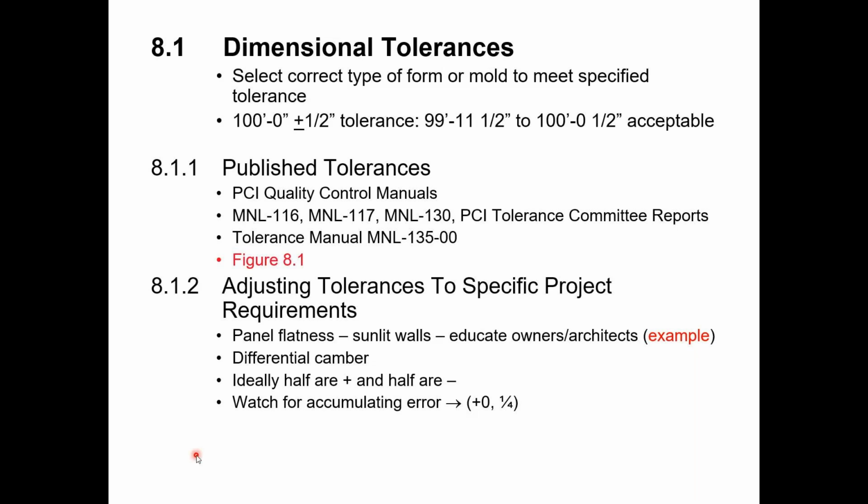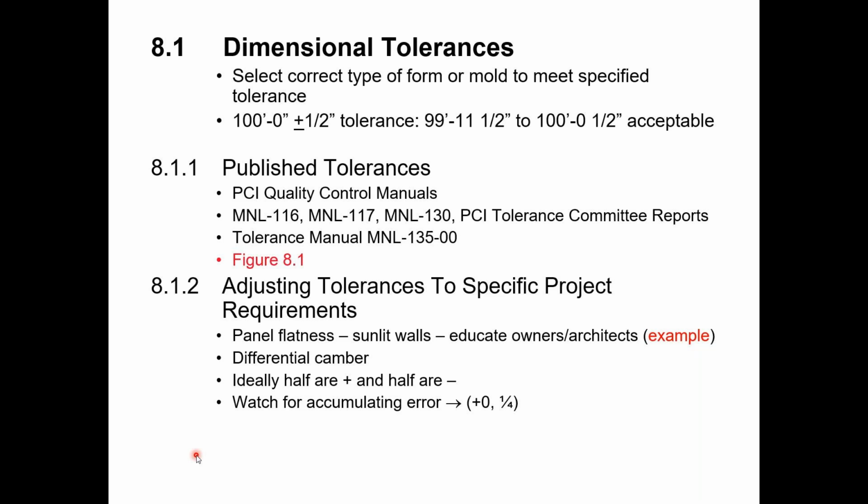If you are owner facing, dealing with the client or the architect, you're having conversations about what your tolerances are and what tolerances are necessary for the project. So PCI has a set of tolerances, but there are instances where the project requirements may be more stringent than what PCI requires, so you need to be aware of that.